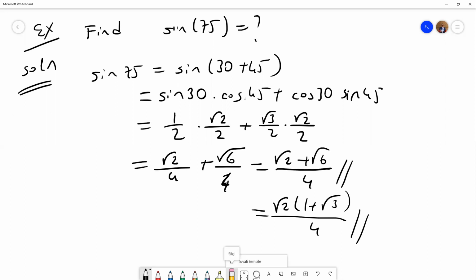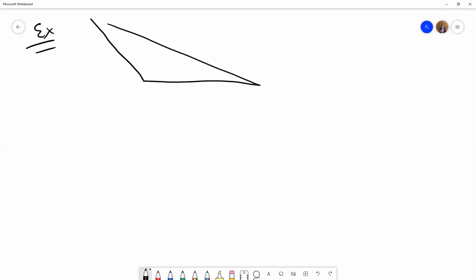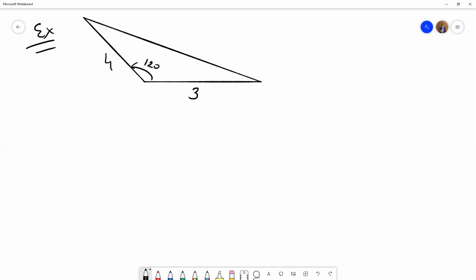Now another question. Example is, this is our triangle, and we have 4 here and 3 here. And our angle is 120, and x is the question. We try to find x.